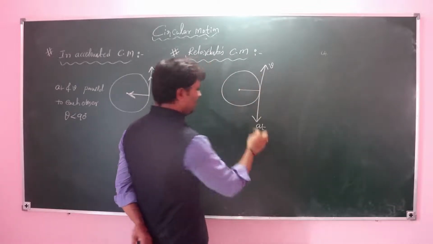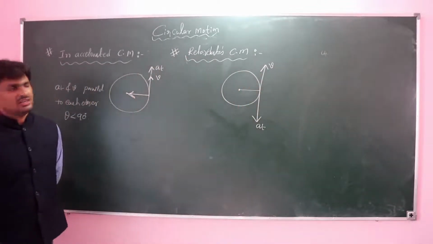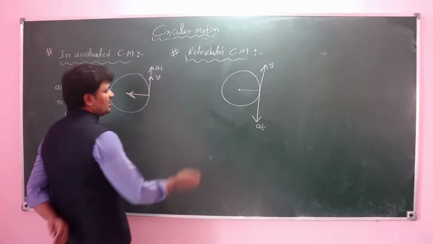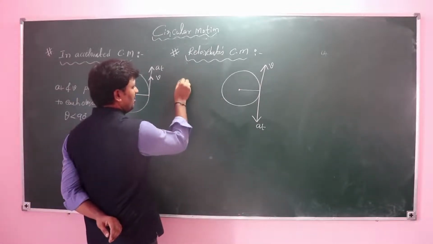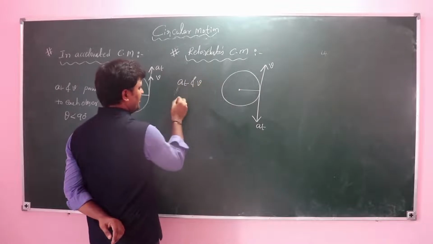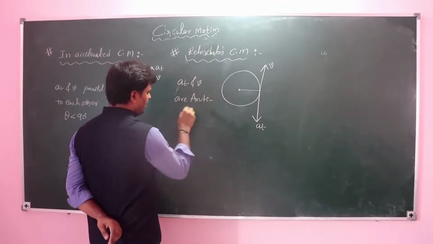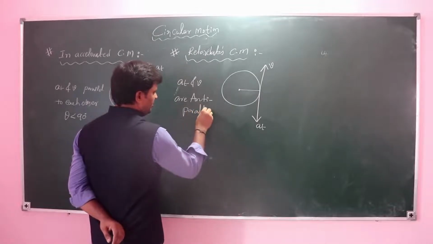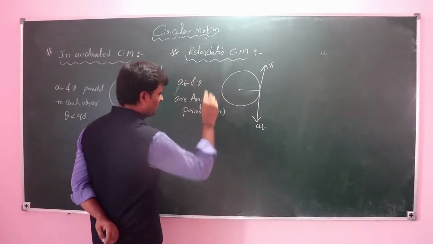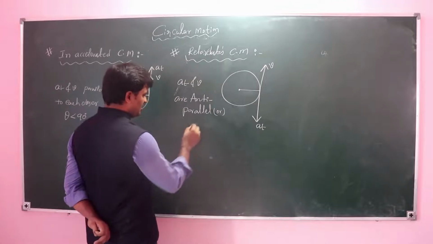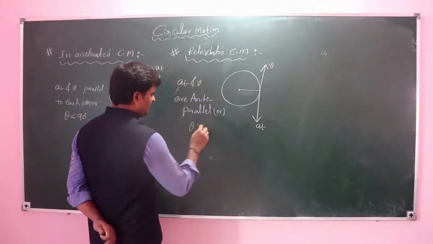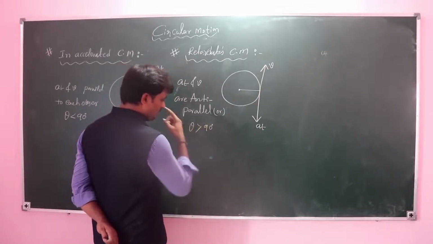So here tangential acceleration and velocity are opposite to each other, meaning anti-parallel. AT and V are anti-parallel, or we can say that theta is greater than 90 degrees, an obtuse angle.